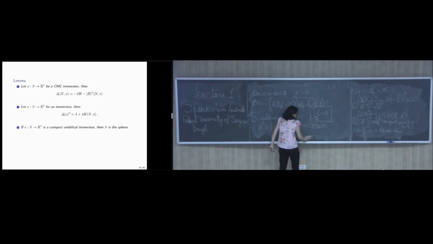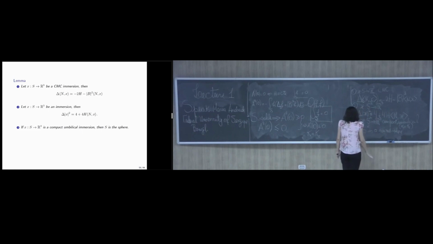And I will prove that this occurs only if kappa 1 is equal to kappa 2. What does that mean? It means that the surface is umbilical. In the case the surface is compact and umbilical, the surface is a sphere. Okay, this is the idea. But I will prove it for you in all detail now.